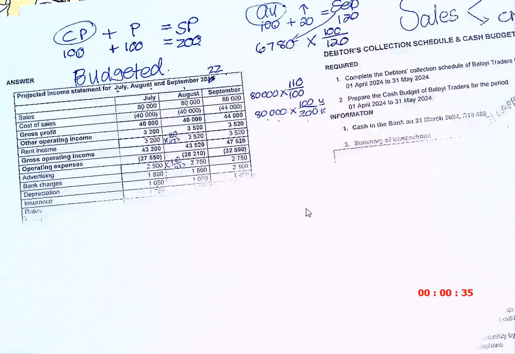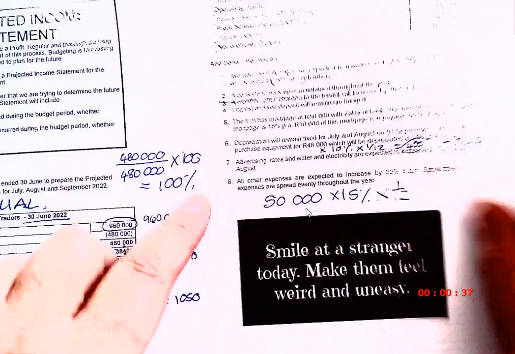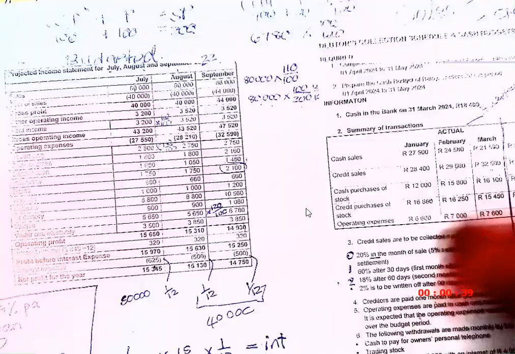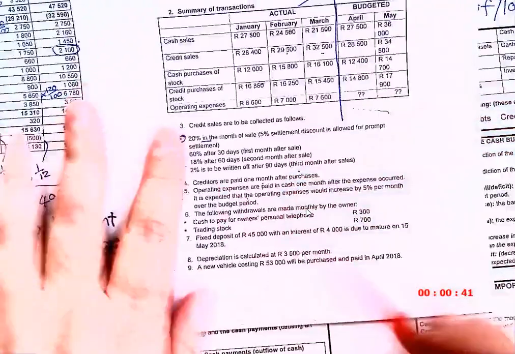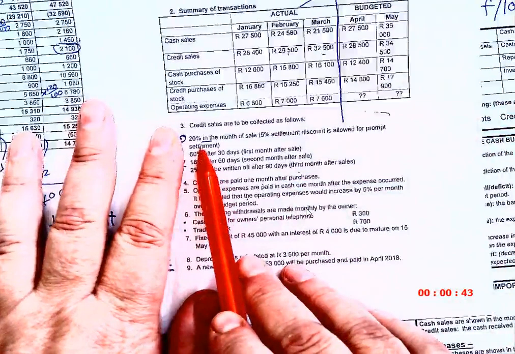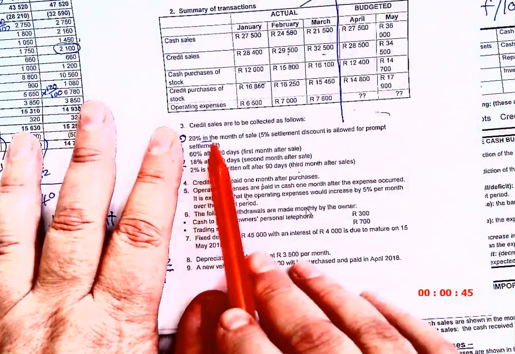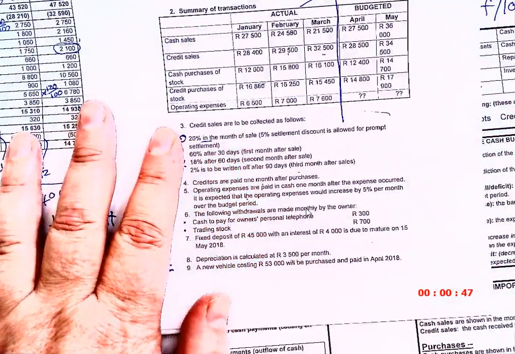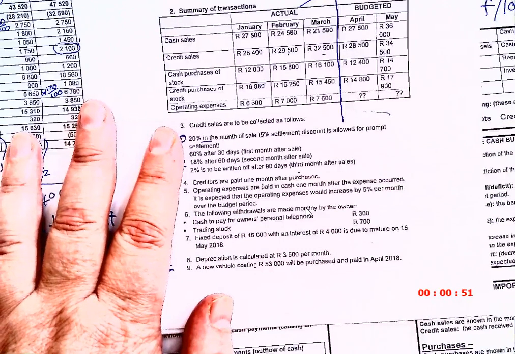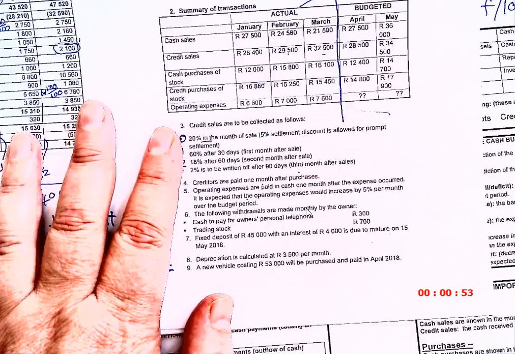Where is my question? Like this. Can you see they tell you our debtors, we receive 20% in the month of sale, meaning if I had credit sales in March, 20% of the debtors that bought in March is going to pay me in March.